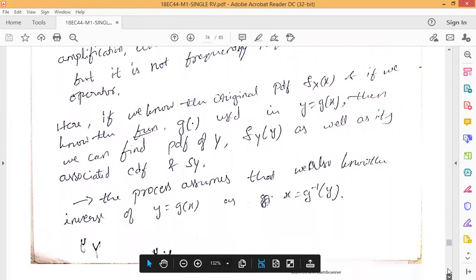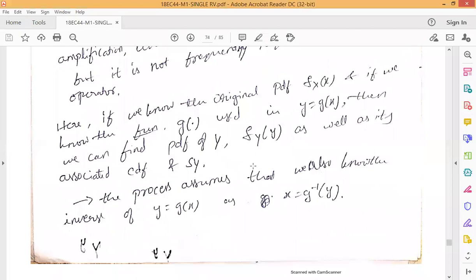In such cases, we will be able to find the PDF of any other random variable, for example y. We can calculate the PDF of y, represented as fy of y, and also the associated CDF as well as the new outcomes taken in a new set represented as Sy.